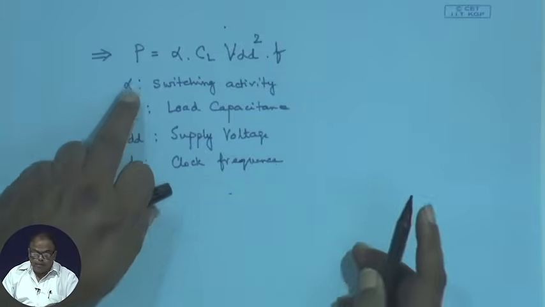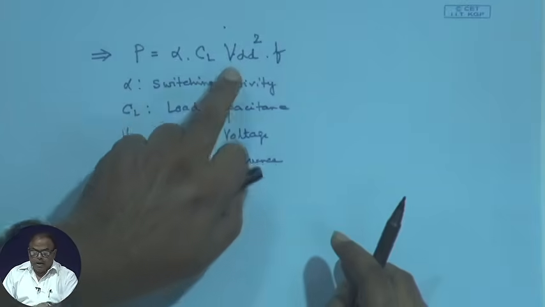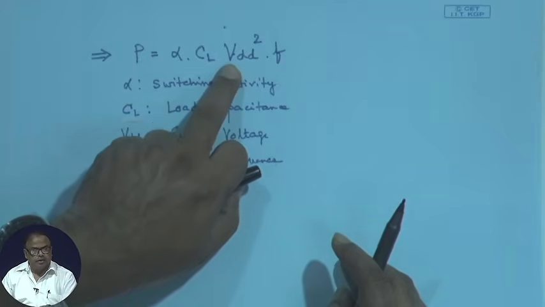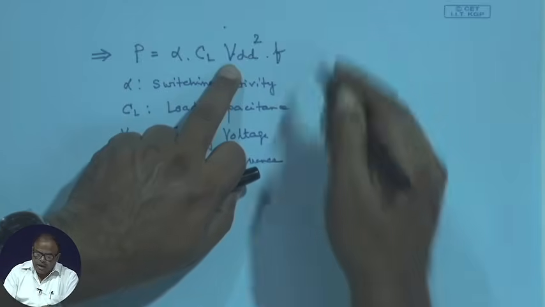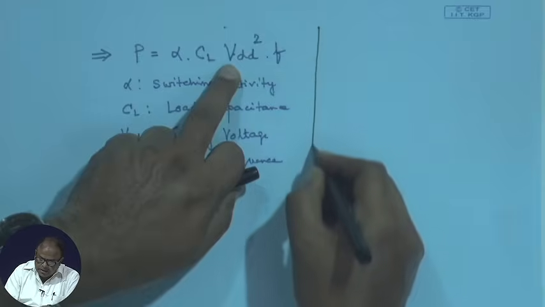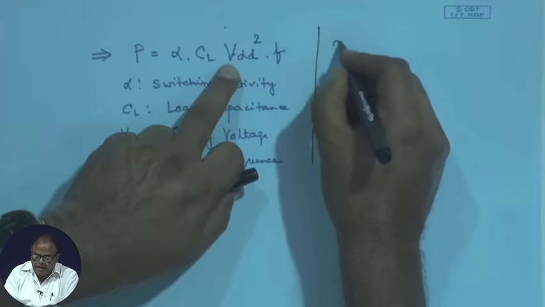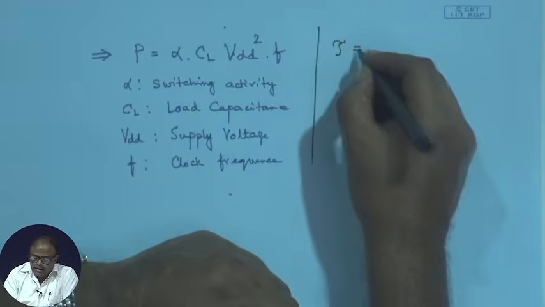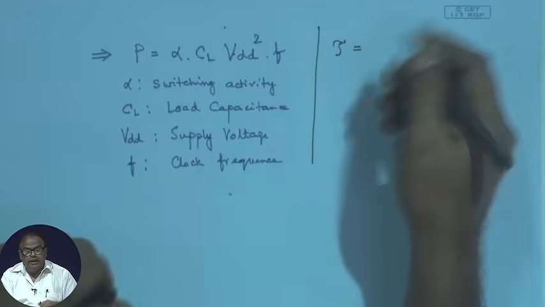Now, this is one parameter, the power, and we can see that power consumption increases quadratically with the VDD. And there is another thing which is the delay, let us call it tau, delay of switching in a CMOS circuit. This is nothing but a CMOS circuit.